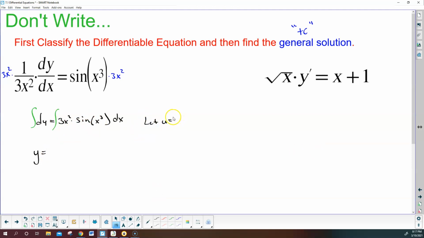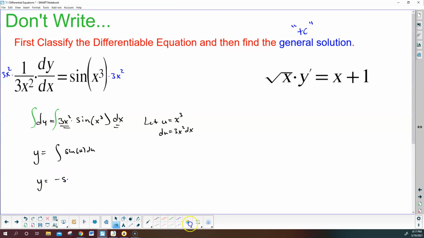but we've got a u substitution. What if I make this part u? Notice what is du? It's 3x squared dx, and I have that right here. So now my new integral is just sine of u du. So I did a u substitution, and now whose derivative gives me sine?